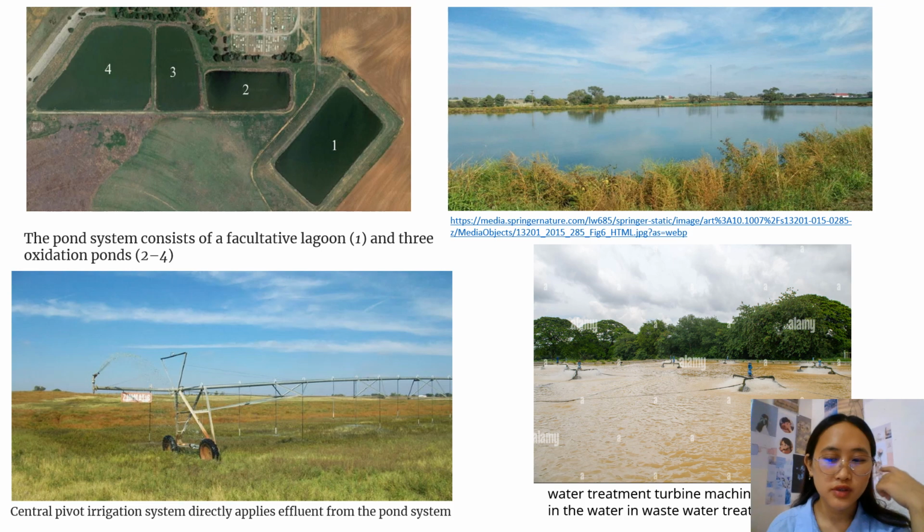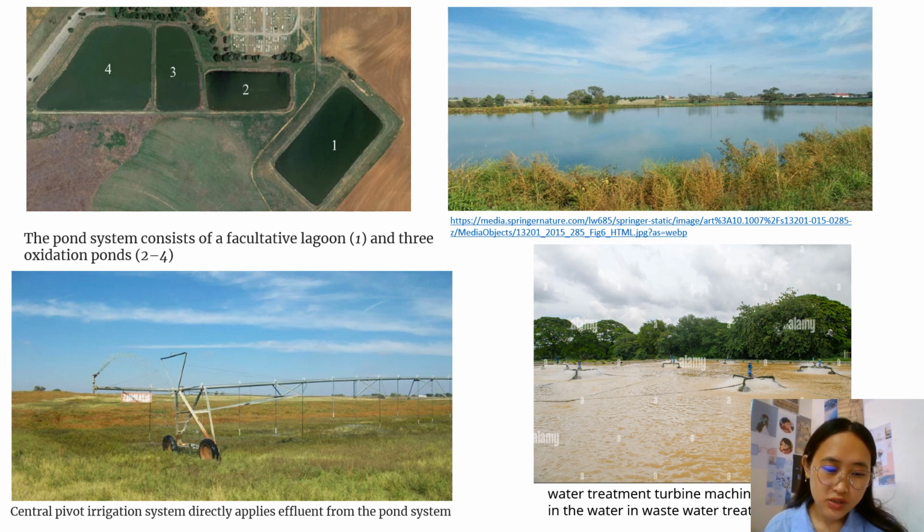So this is the actual image of an oxidation pond. The first one is a multiple pond system, where the first one is a facultative lagoon, and 2 and 4 are oxidation ponds. 3 oxidation ponds are there. This was an image from Wellington, USA, and the second one is also an image from Wellington, USA. It is the oxidation pond.